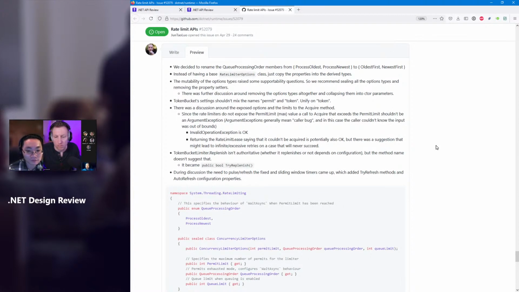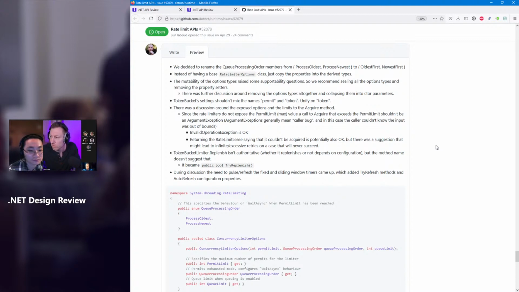All right, so we renamed the queue processing order members. We got rid of the rate limiter options base class and lifted everything to the derived types. We removed all the property setters and sealed all the option types. We said token bucket should unify on token instead of having a mix. And we talked about some exceptions.